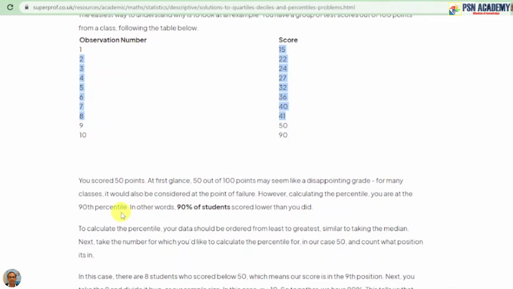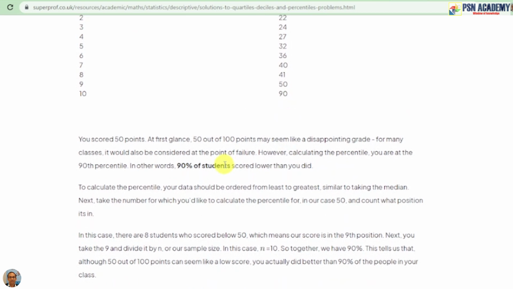But they are claiming the 90th percentile. In other words, they are explaining that 90% of the students scored lower than you did. How is that going on? That is a question, because you can clearly see that 80% of the scores are lower than you, right?